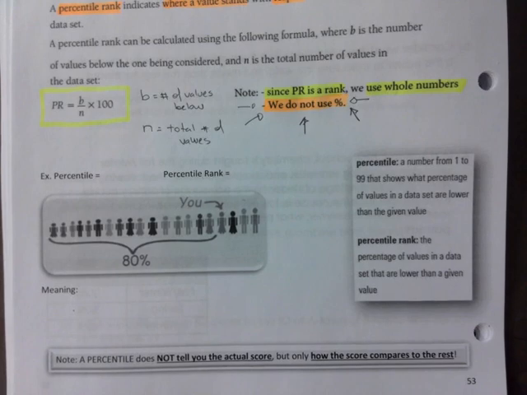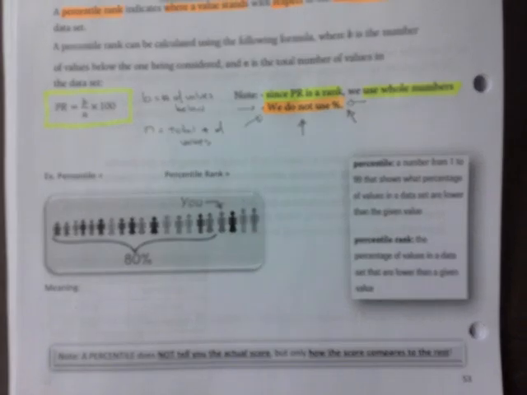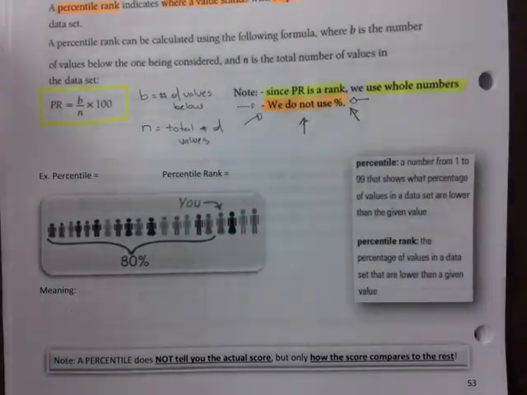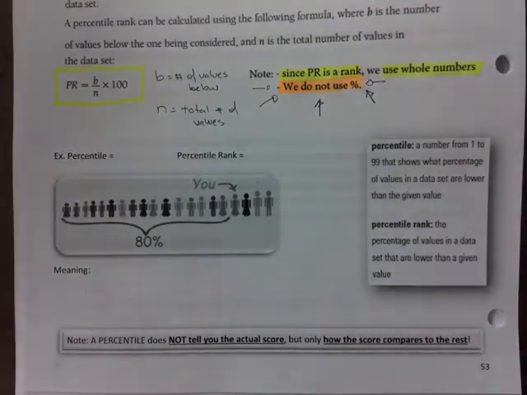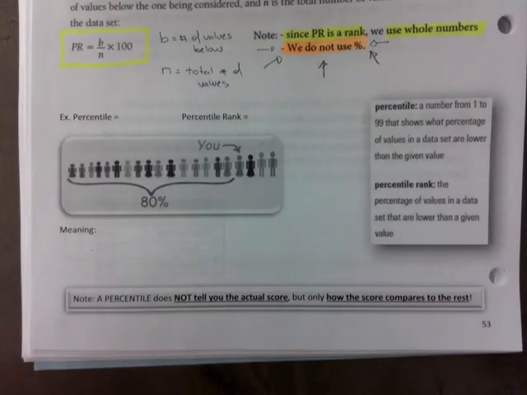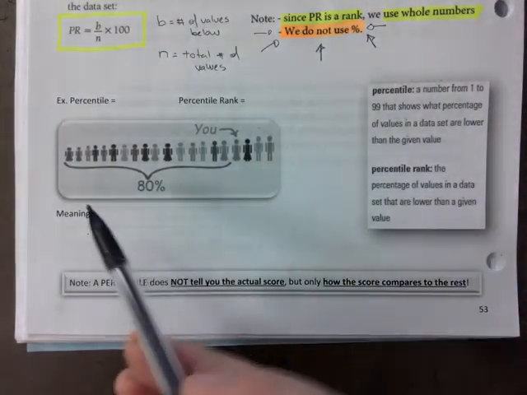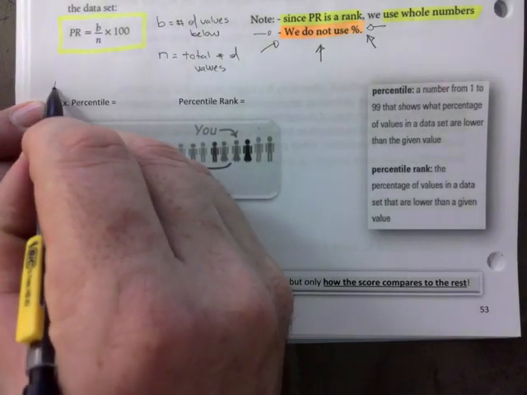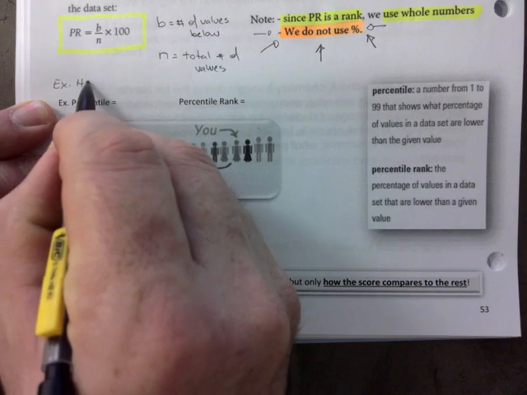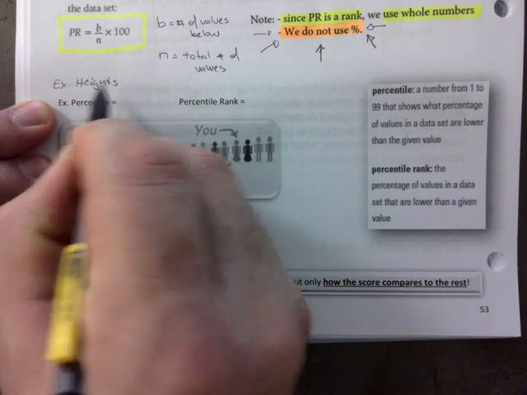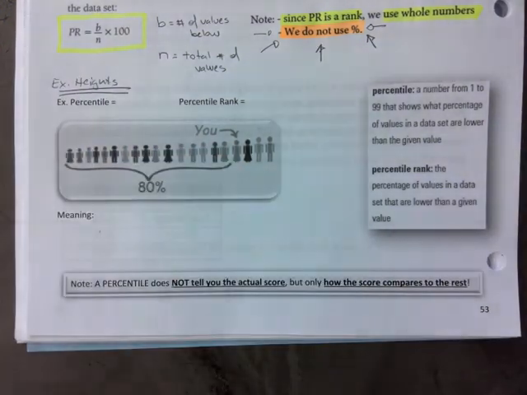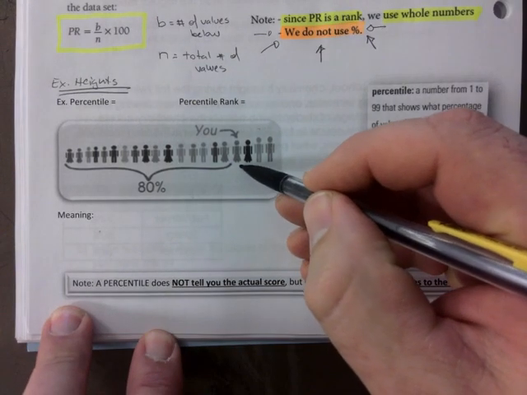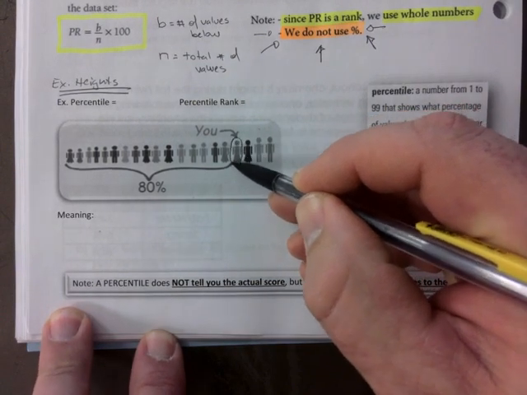Okay, here it is one more time. Summarized. Let me just focus a little bit. You're with me? Percentile rank. So let's say we're comparing heights. Example, heights. Just so you know that right now we're talking about heights. And let's say this is you. This is the number.